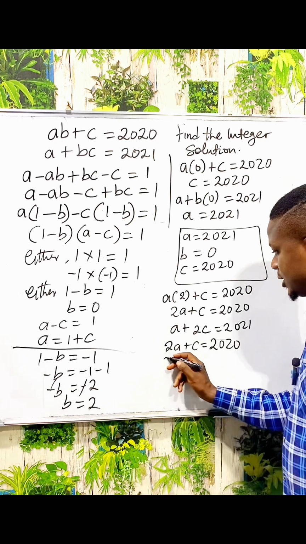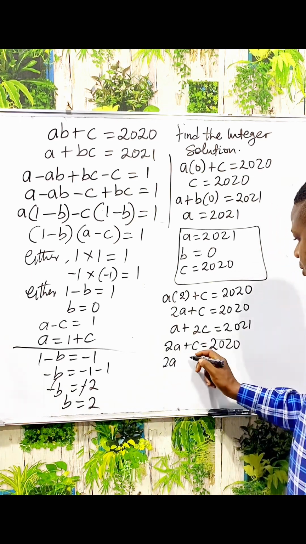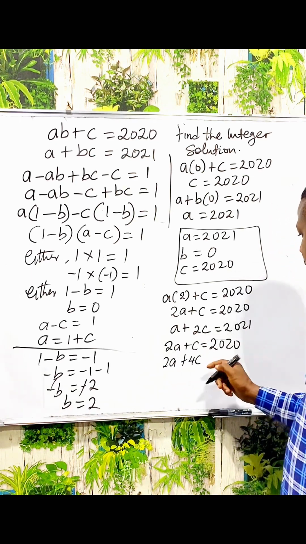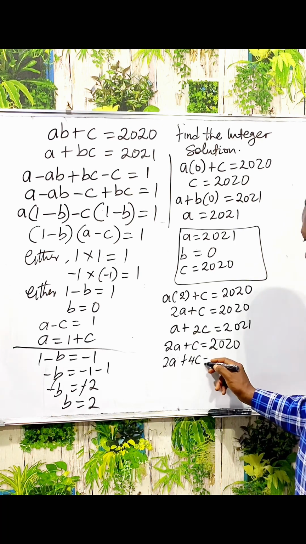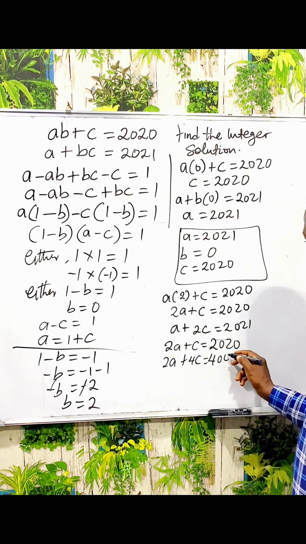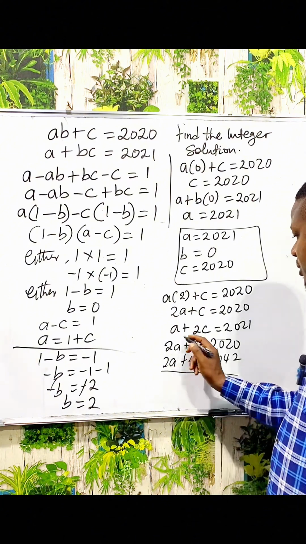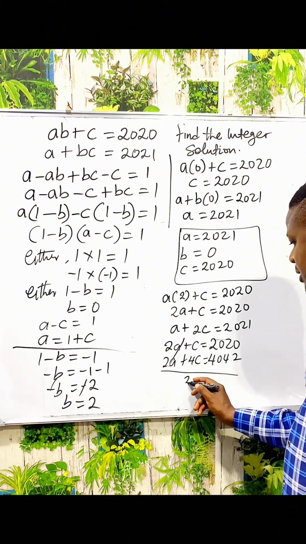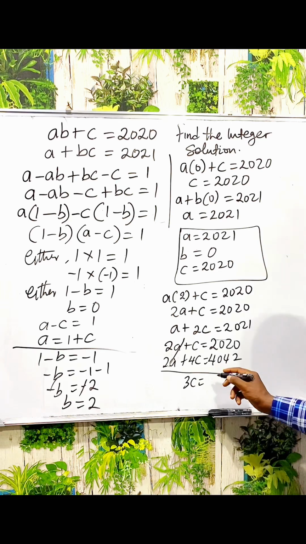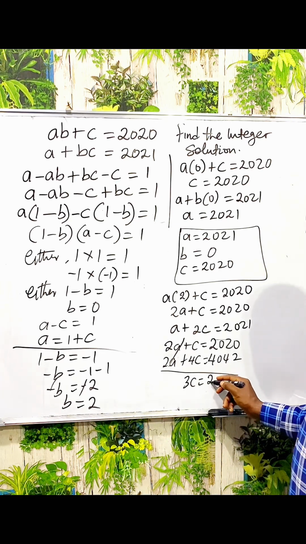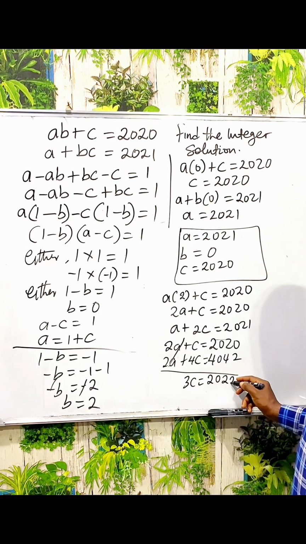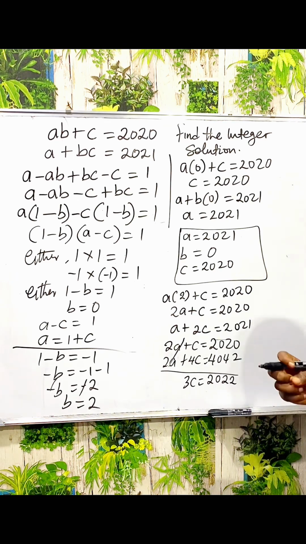Now in the second equation, let's multiply by 2. 2 times A is 2A, 2 times 2C is 4C, and 2 times 2021 will give us 4042. Then subtract. 4C minus C is 3C. When you subtract here, we have 2022.